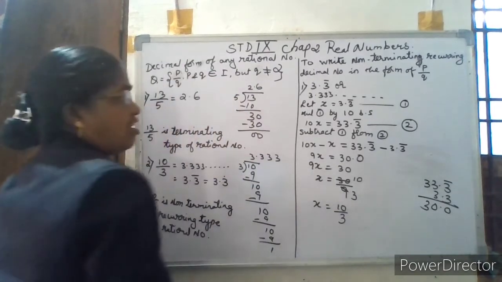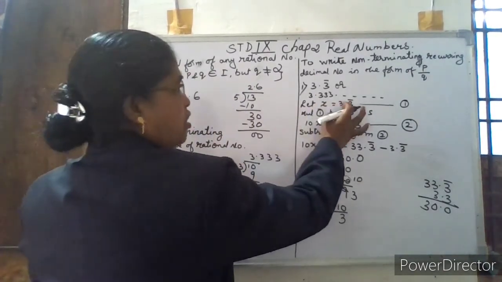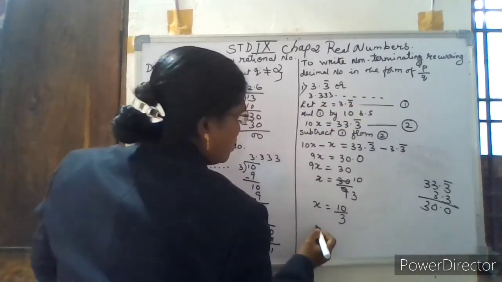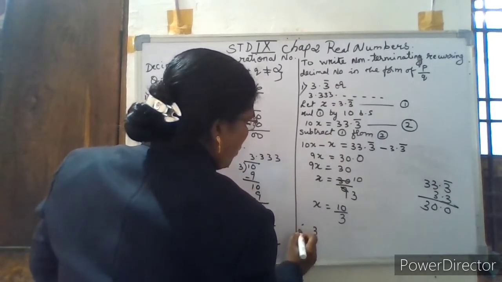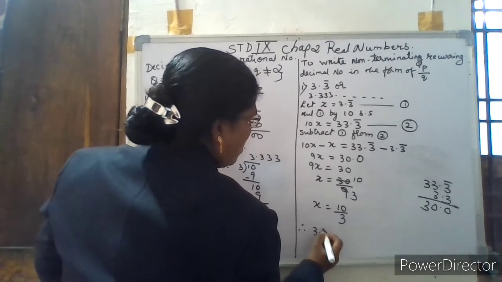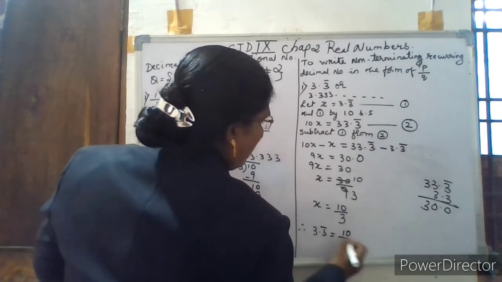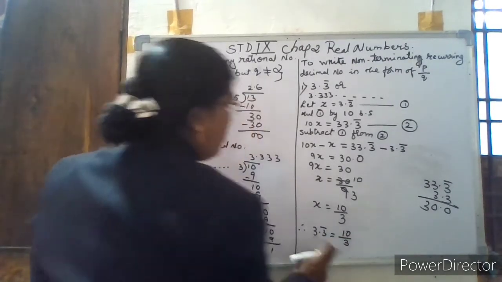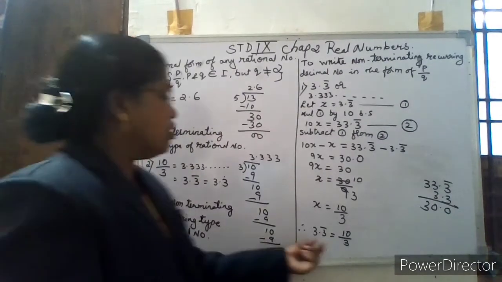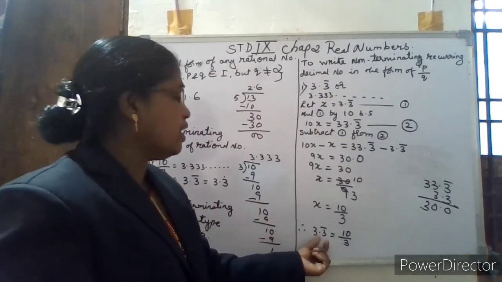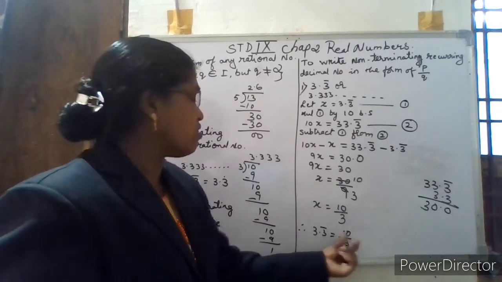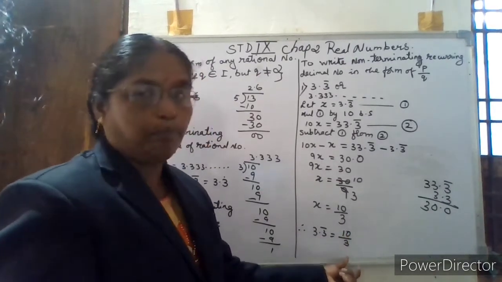What is x? x is 3.3 recurring. Therefore x is 3.3 recurring, which is equal to 10 by 3. That means this non-terminating recurring decimal form is converted to p by q form.